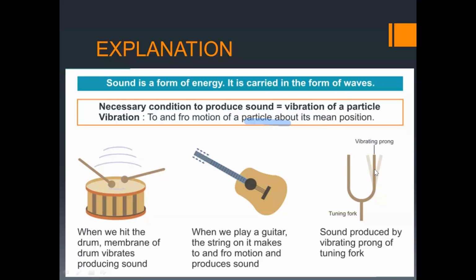You can see over here, this is called a tuning fork. It is a very important apparatus and instrument in the study of sound. These are called its prongs. You can see that it is in its original position, but when we hit this prong of the tuning fork with a rubber pad, it starts vibrating in this way.